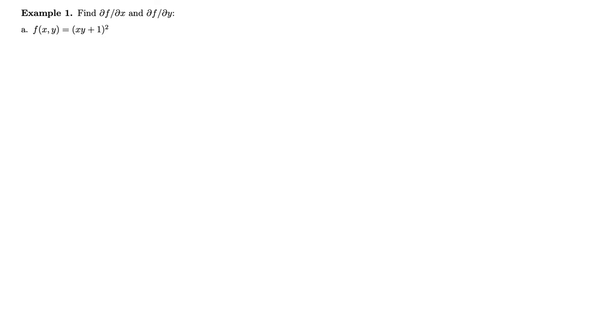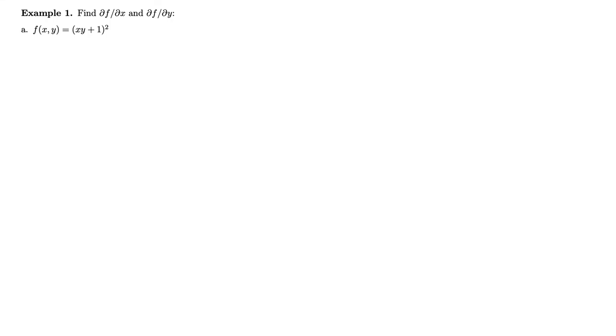So absolutely the biggest takeaway from this partial derivative topic is how to take partial derivatives. We talked about what they are: they're the slope of the tangent lines of these cross sections of the function. But most importantly right now, we just want to get used to the method of taking partial derivatives.